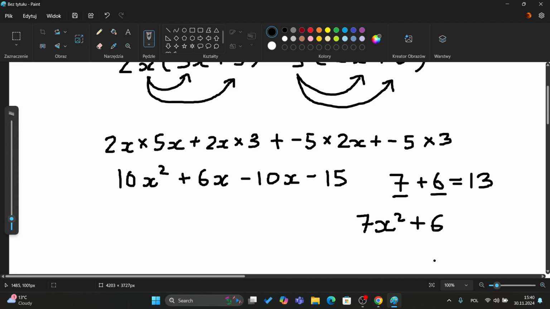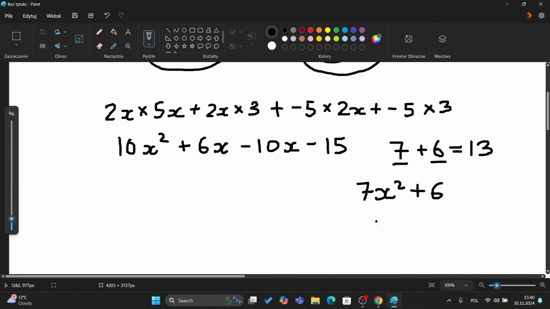If you have 7x squared and 6x squared, you can get 13x squared, because they've got the same x squared and they like each other. And here they do not have the same x squared. This one has x power 0, like imaginary x power 0, which is not the same family as x squared.